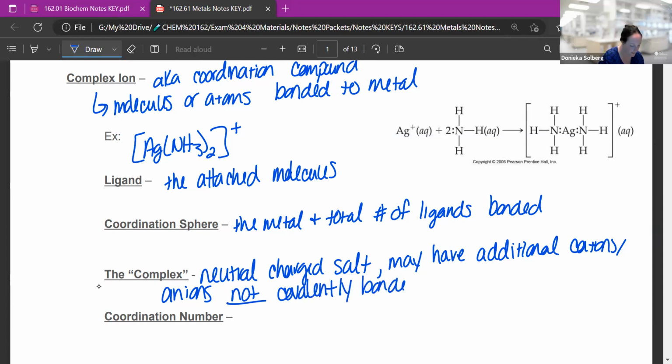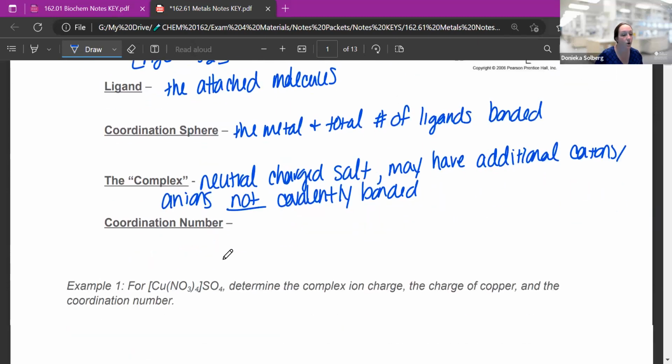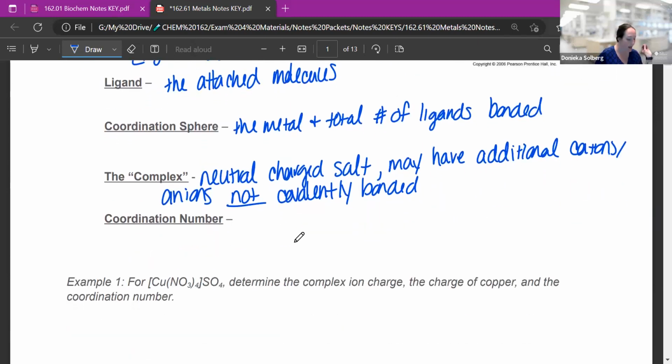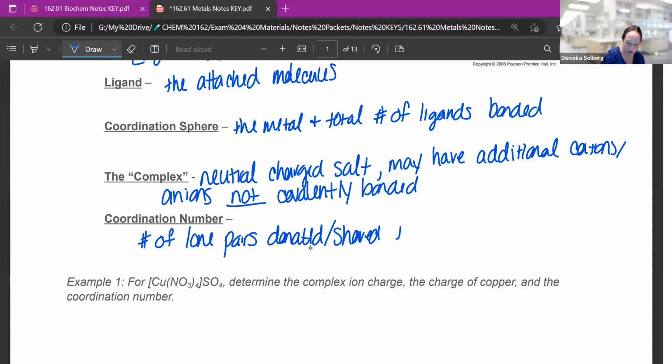Finally, the coordination number is how many bonds are connected to that central metal. In specific terms, the coordination number is the number of lone pairs donated, or shared, to the metal.